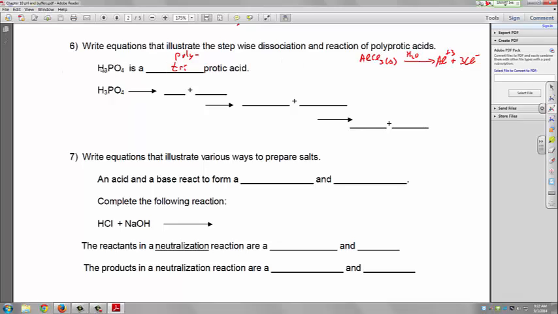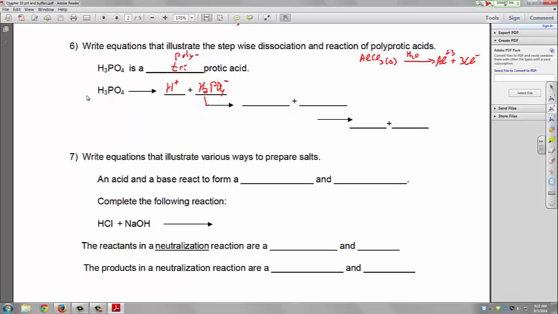Weak acids, I should say any acid really that does this, even a strong acid like sulfuric acid, which has two hydrogens, doesn't deliver all its hydrogens at once. Instead, it will deliver one hydrogen. So H3PO4 lost a hydrogen, and now it's H2PO4 with a minus charge.